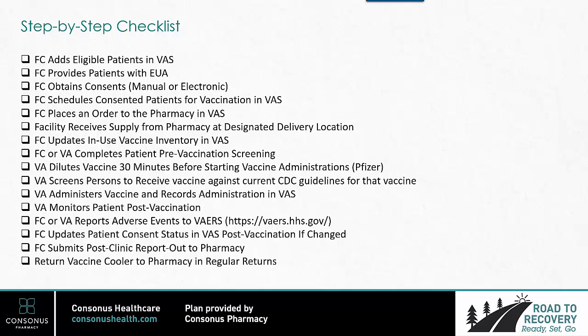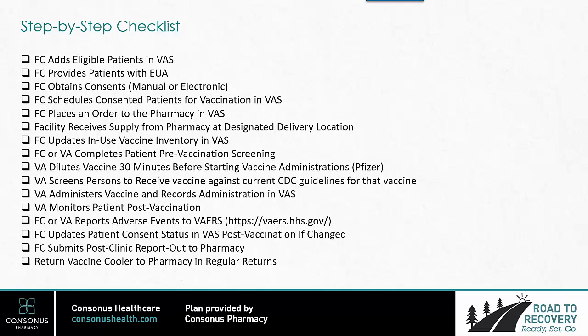Then the FC or VA will complete patient pre-vaccination screening. The VA will dilute the vaccine 30 minutes before starting vaccination administrations for the Pfizer vaccine. The VA will screen persons to receive vaccine against current CDC guidelines for that vaccine. So that's making sure that your patient is within the age range or any other sort of guidelines imposed by the CDC.